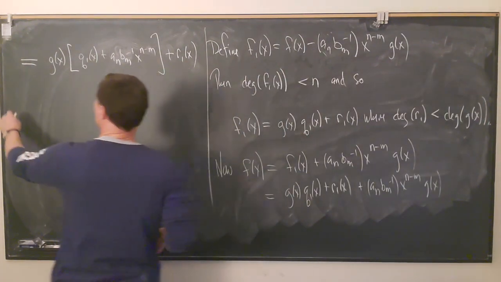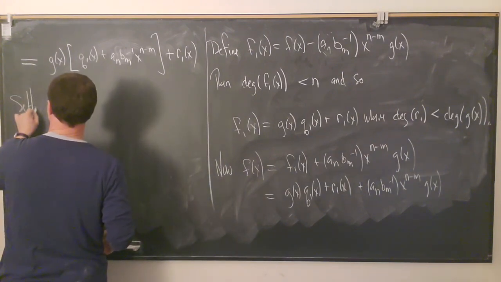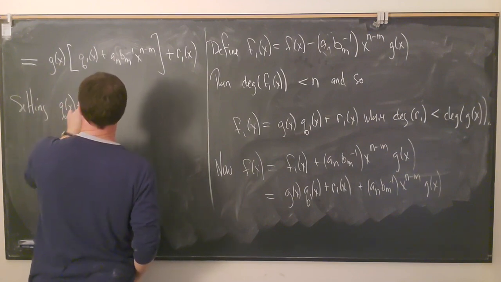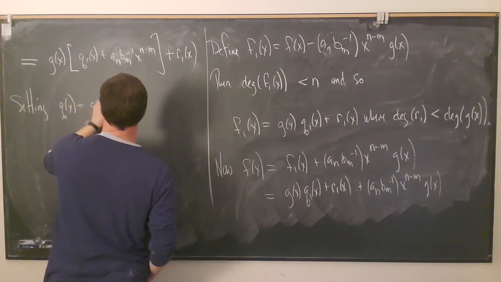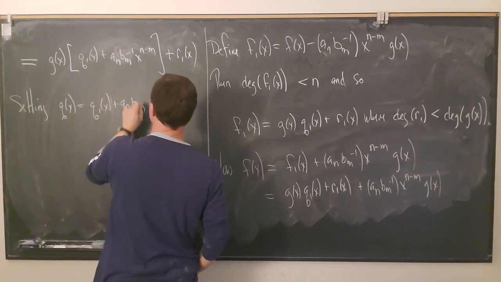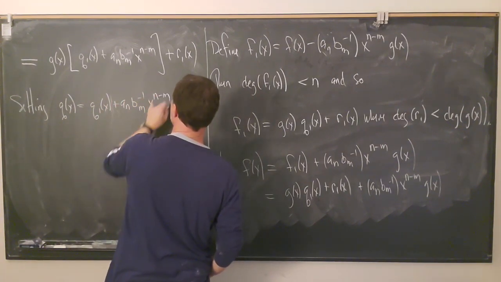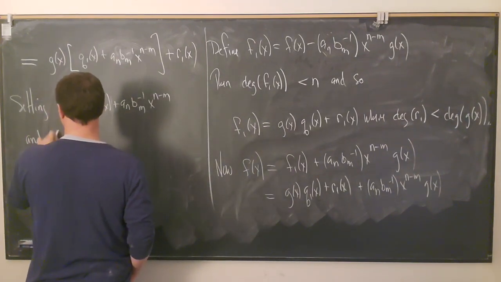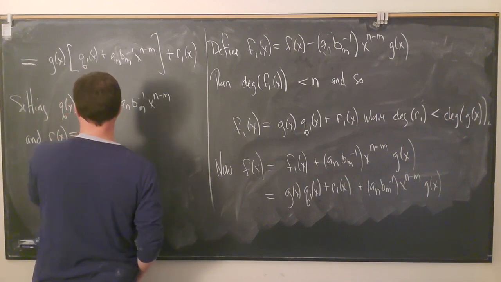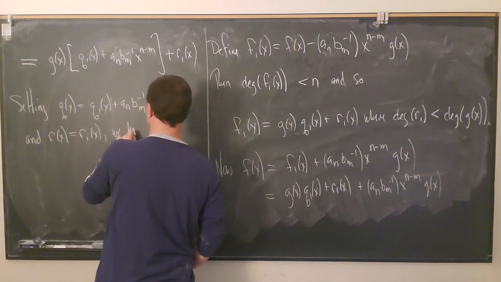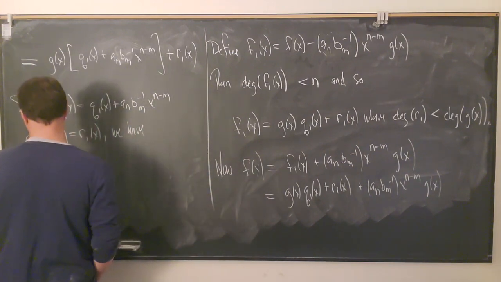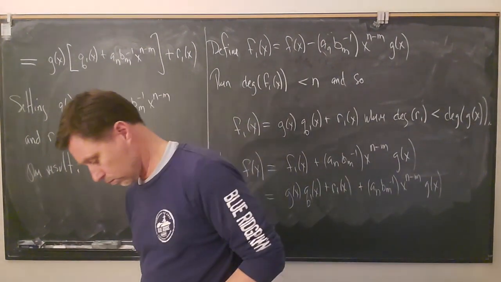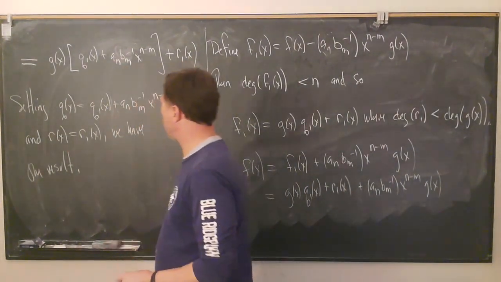And so, setting q of x equal to q1 of x plus a_n b_m inverse x to the n minus m, and r of x equal to r1 of x, we have the result.